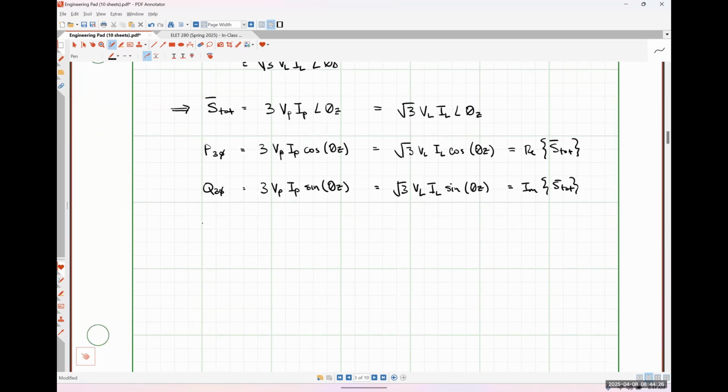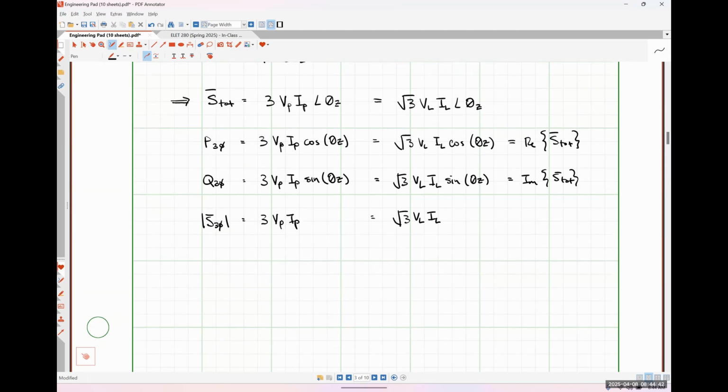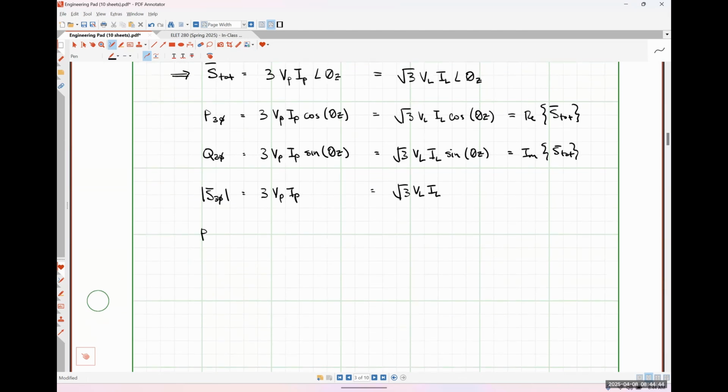My apparent power is just going to be 3 VP IP, or root 3 VL IL, and my power factor is going to be, once again, just the ratio of P three-phase over my three-phase apparent power.